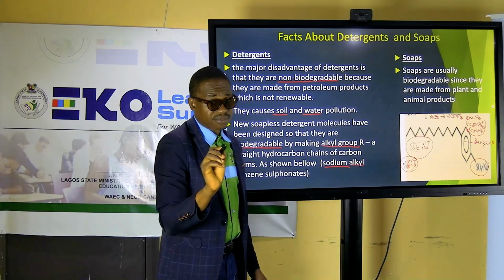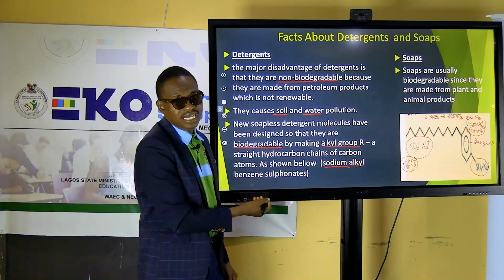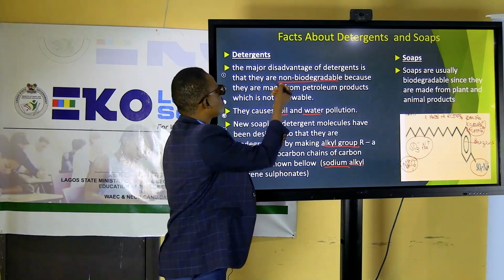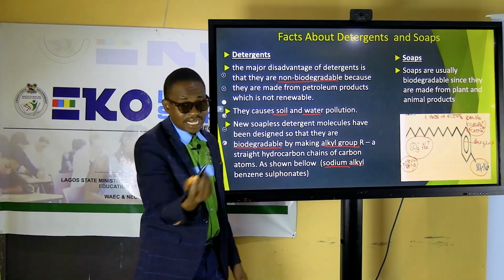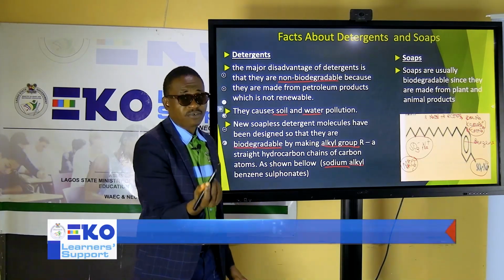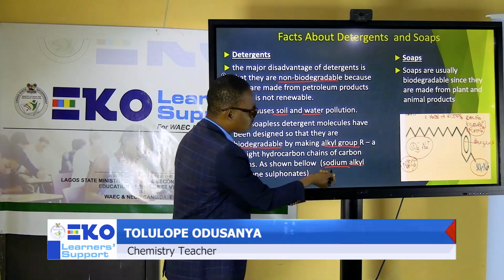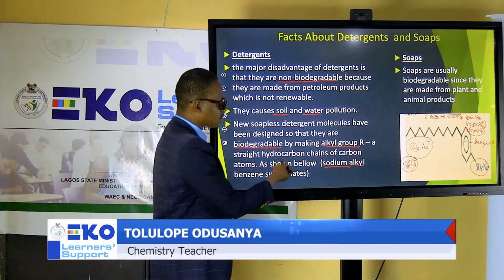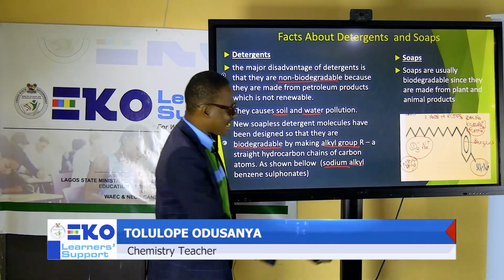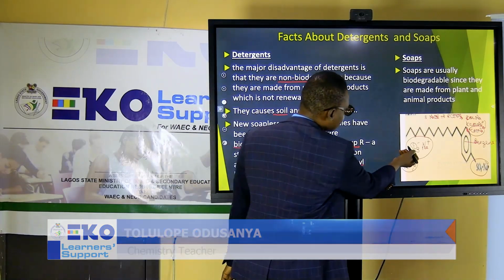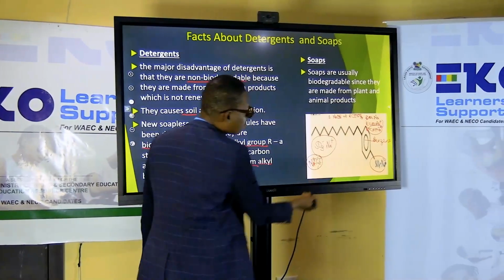But what scientists are doing here is, because we know that our detergents are not biodegradable, in order for us to make it biodegradable, we introduce what we call sodium alkyl benzene sulfonate with the head of SO3 minus Na plus.